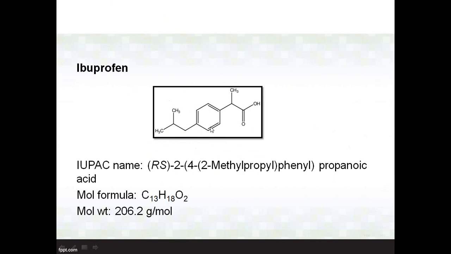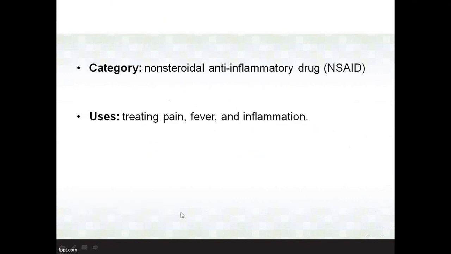Here you can see methyl propyl and this is the phenyl ring. So its molecular formula is C13H18O2 and its molecular weight is 206.2 grams per mole. The category of ibuprofen is NSAID, that is non-steroidal anti-inflammatory drug. It is used to treat pain, fever and inflammation.